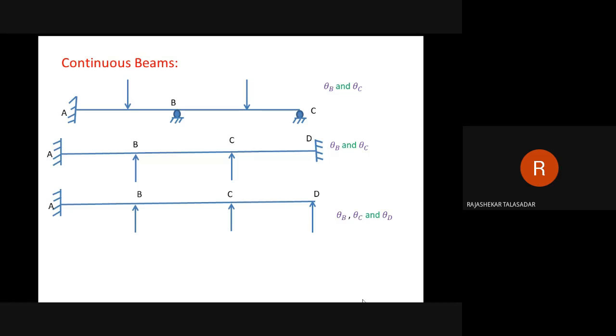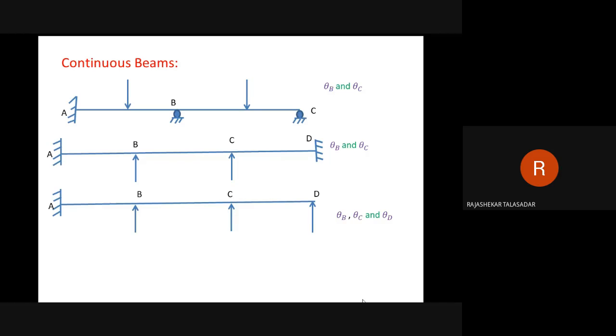Now, can you tell me, to call a beam as continuous, what must be the minimum number of spans or supports?